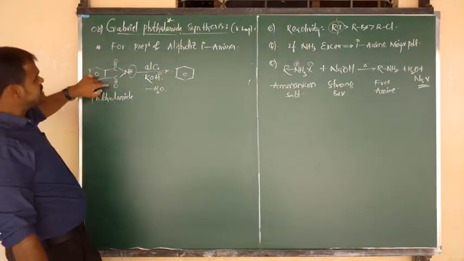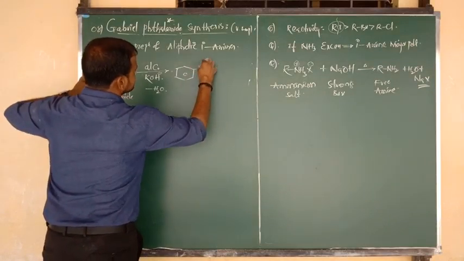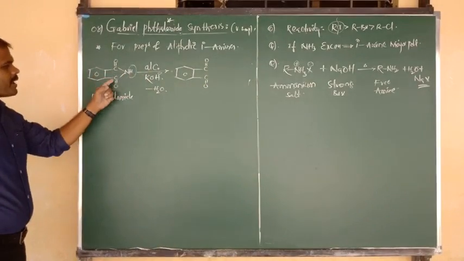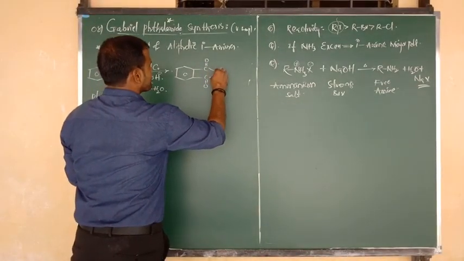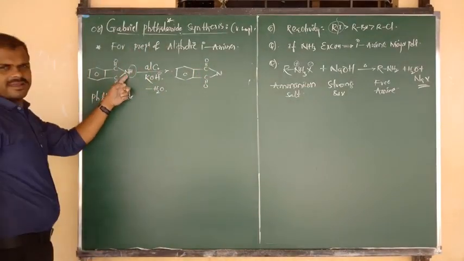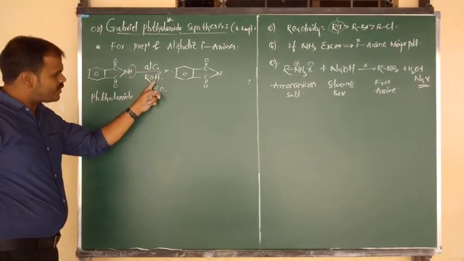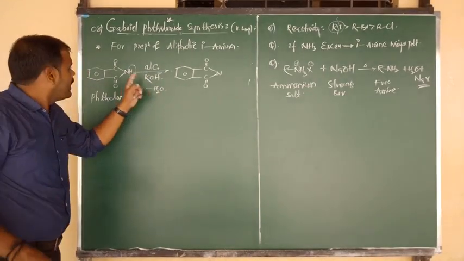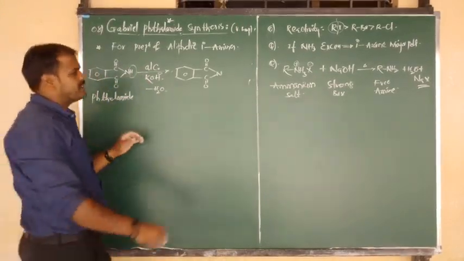Two adjacent positions, 1 and 2, are both connected to C double bond O. These two C double bond O groups are connected to a nitrogen atom. But from that nitrogen we are removing H, and that H plus combines with OH and is removed in the form of a water molecule. That means in the place of H we have to replace K metal.